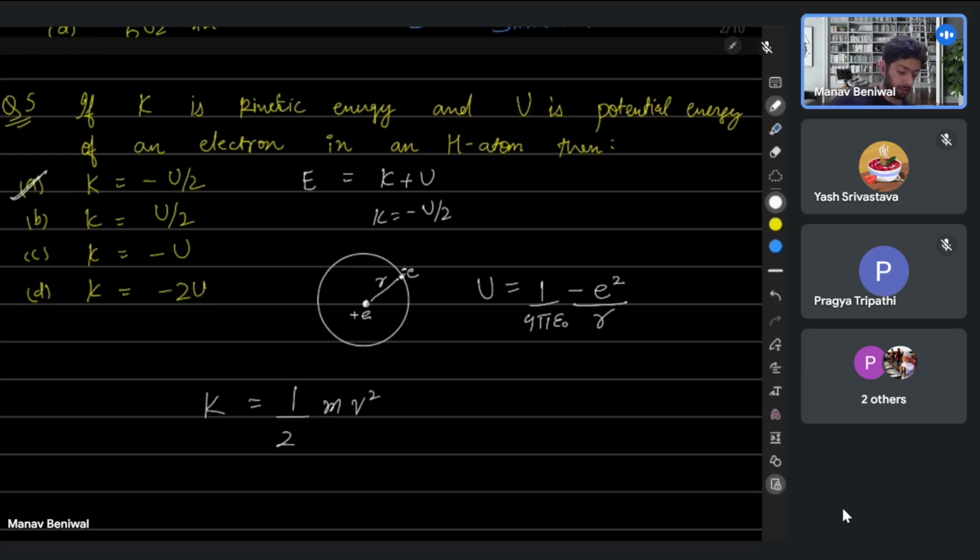Now what you can do is use the quantization condition, which gives you mvr is n h cut.